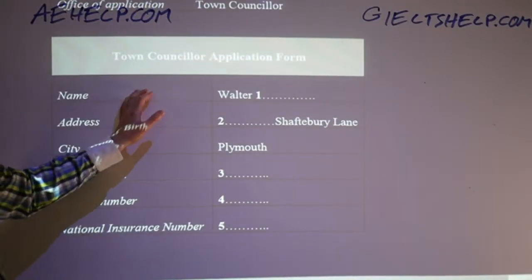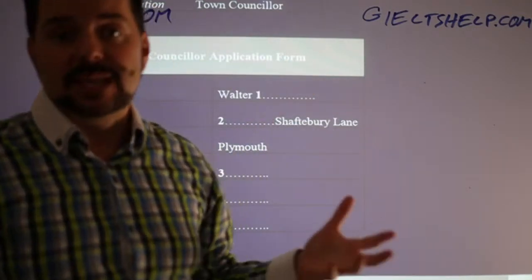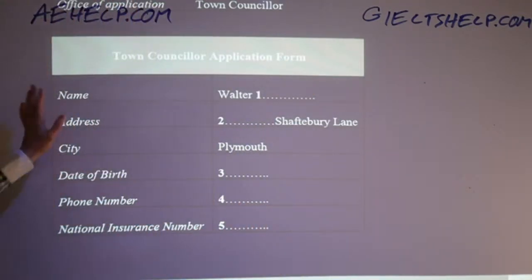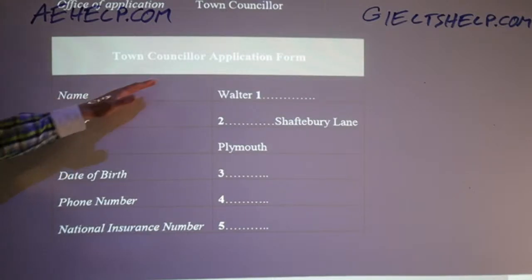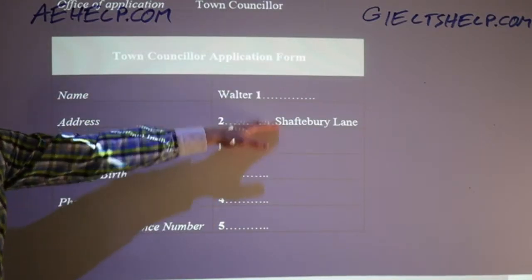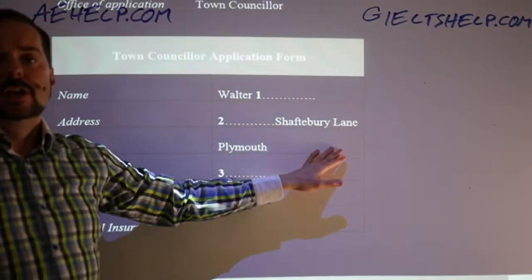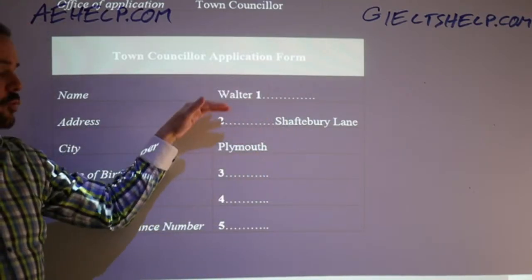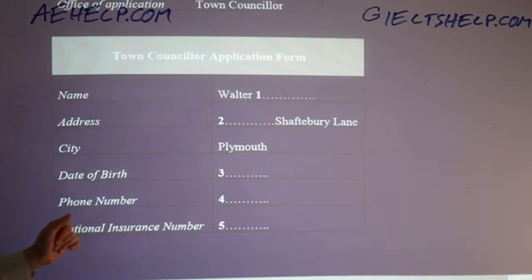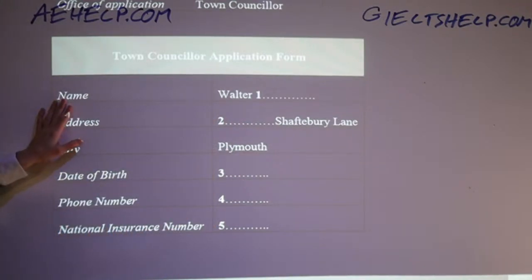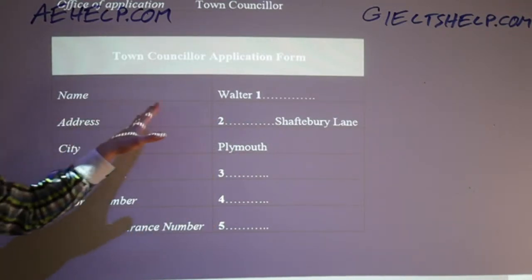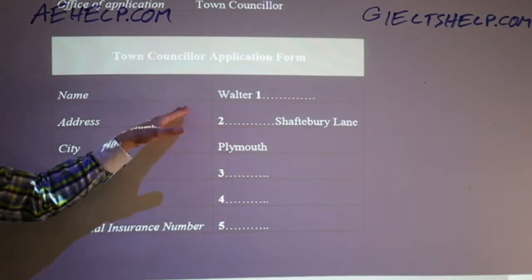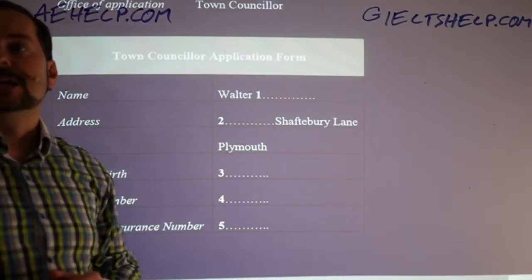So here you have a town councillor application form. And you have 5 questions here. When you have a form like this with 5 questions, they're not going to necessarily give you the answers in the same order, so be careful about that. All right, so the name of this person who wants to apply for this position is Walter what?